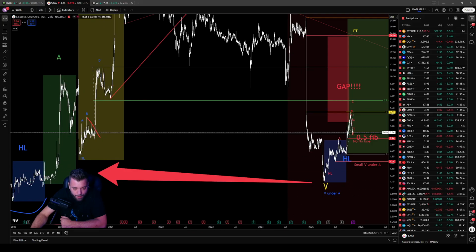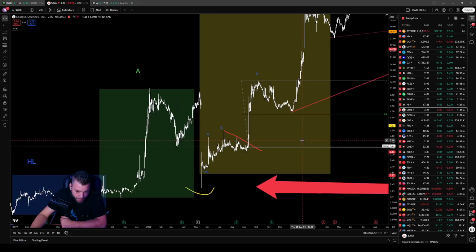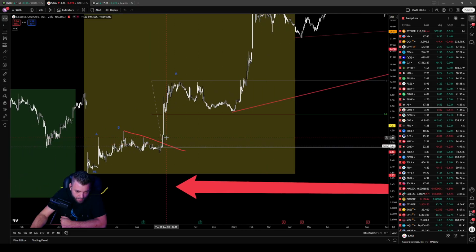You have your gap down, your V, high low, A, pullback, B, long pullback, and we would be in this candle right now. And exactly we would be here in this little pullback here.